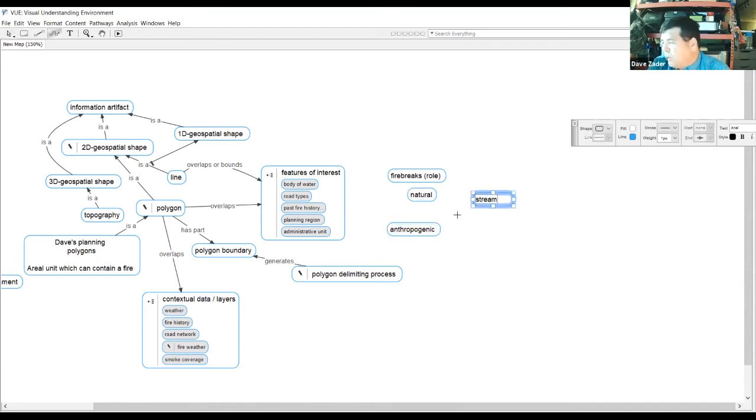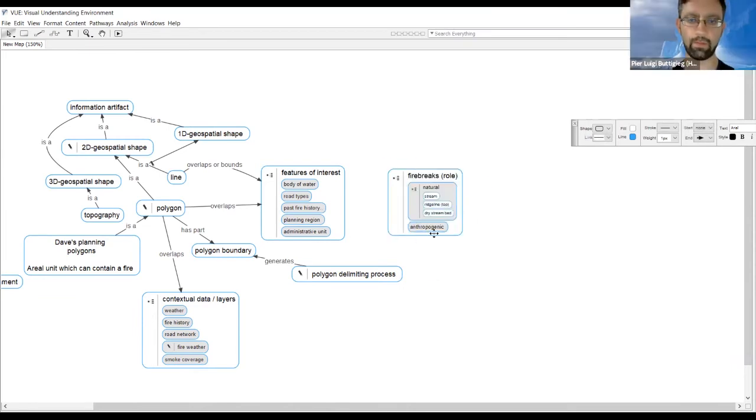A ridge line is an important feature to us, because as fire goes up a ridge, it tends to slow down at the top. So oftentimes that's a place where we'll construct fire line, because the potential for fire to cross it is much lower. There are all kinds of features out there that we want to be able to identify.